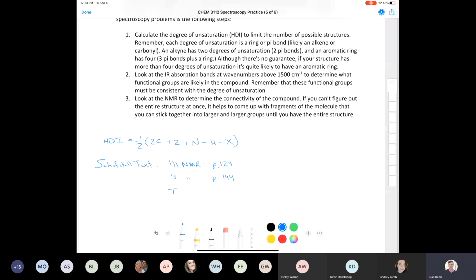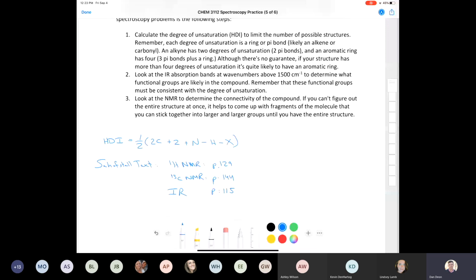And for the IR tables, those are found on page 115. I'm sure that you have a lot of chemical shifts and a lot of signals memorized from Organic Chemistry 1 and Organic Chemistry Lab 1. So let's keep those things in mind as we move forward, and let's take a look at the first compound.